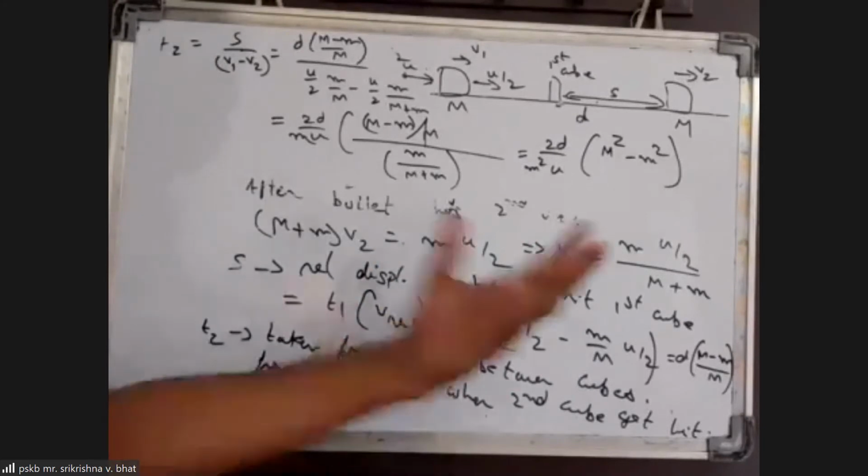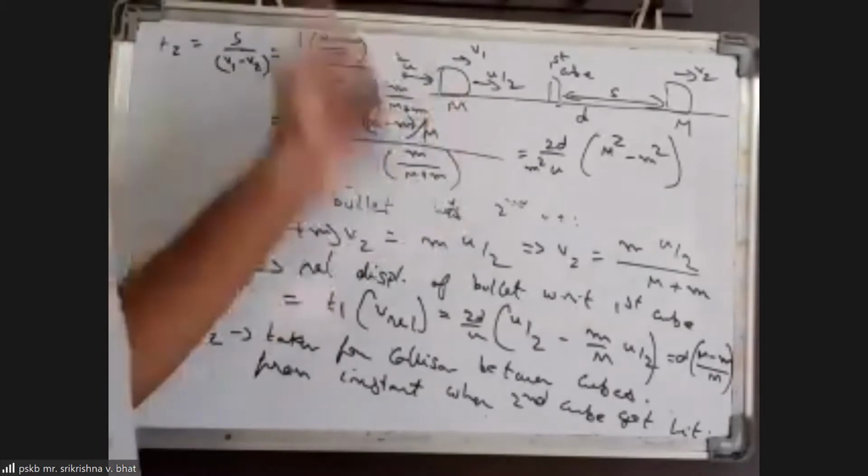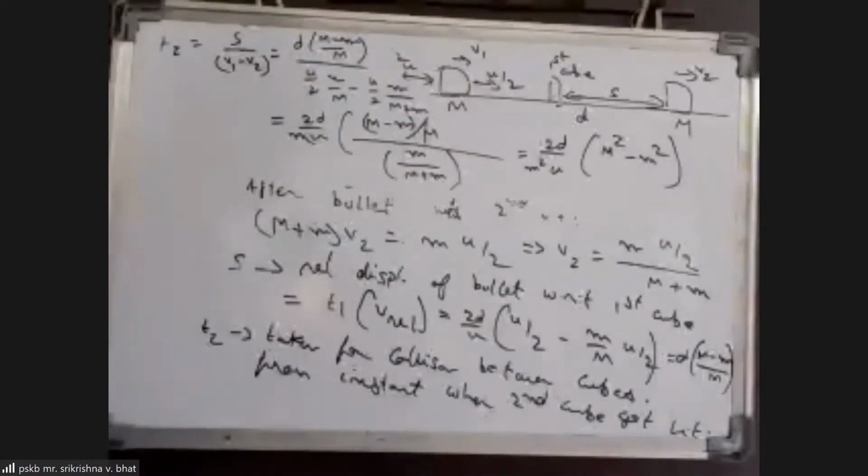So the total time is what we want to calculate. We want the time taken from the instant where the first cube got hit till the collision takes place between the two cubes. That should be nothing but t2 plus t1. T1 we calculated earlier and t2 we can add together.